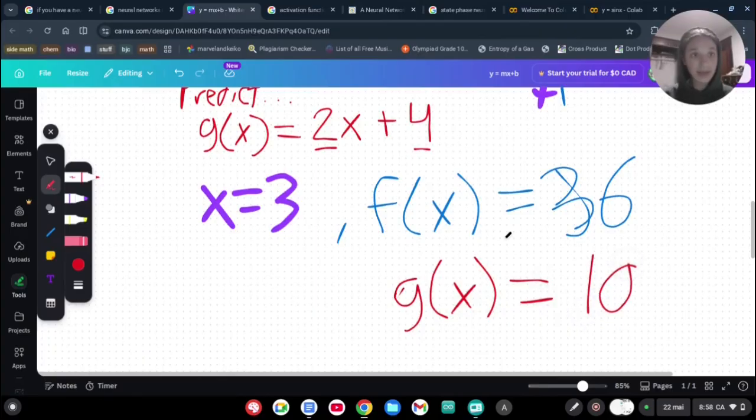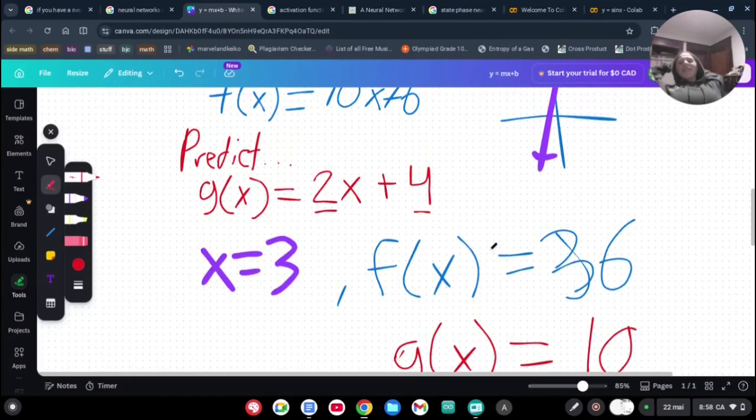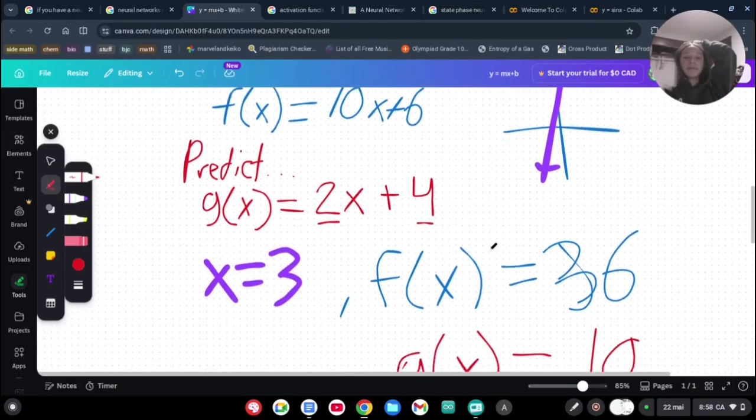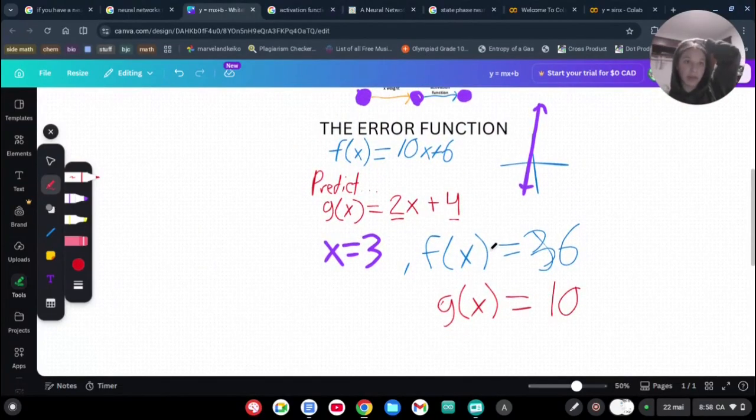Now, that's a pretty big gap, right? Honestly, if you want to just calculate the difference, it's f of x minus g of x, so it's 8x plus 2.